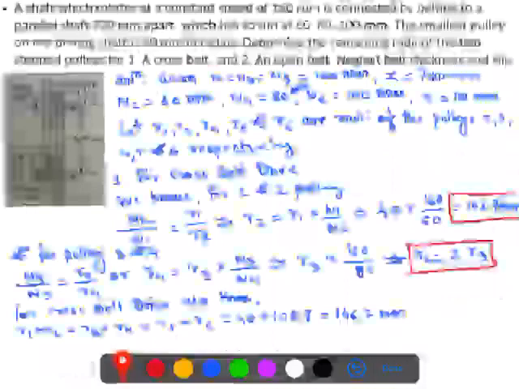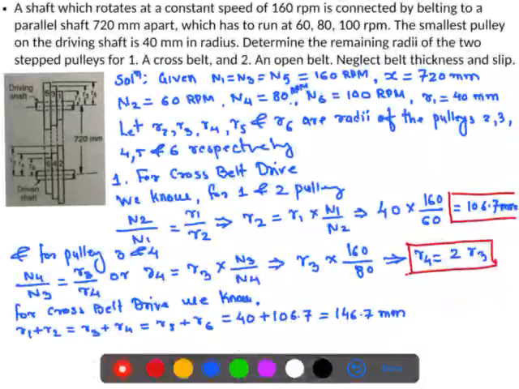That is, the summation of the radii of both pulleys for the cross belt drive will be the same, and by knowing this, we can write down, if we consider the third and fourth pulley, R3 plus R4 equals 146.7.